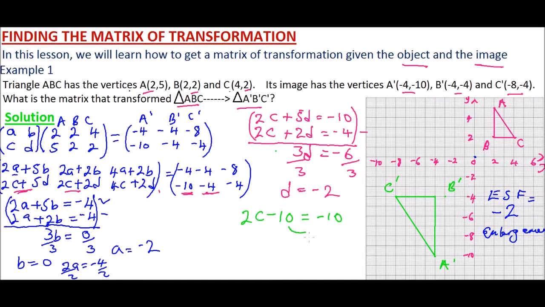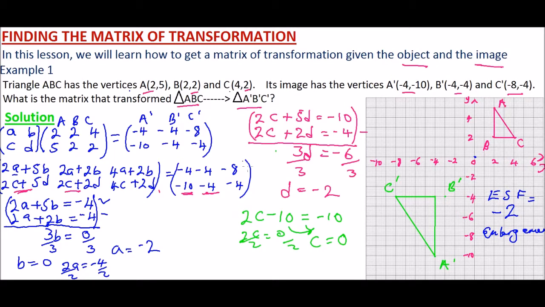We take 10 to the other side. We get 2c is equal to 0. Divide both sides by 2, and c is equal to 0. So we have obtained the values that we needed, and that is a, b, c and d.